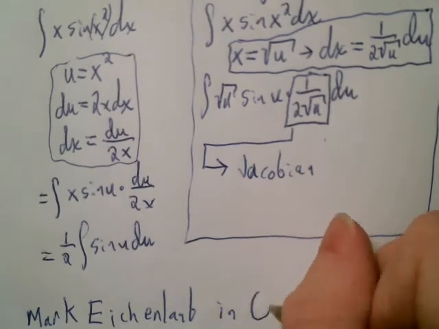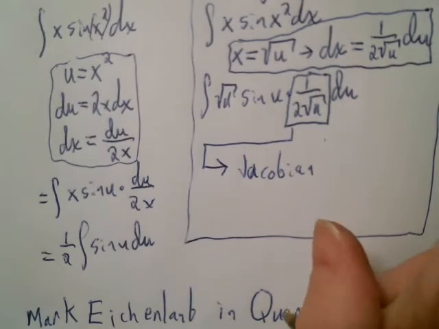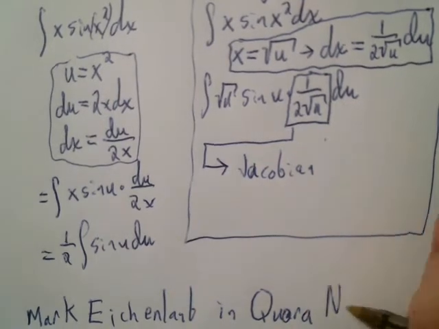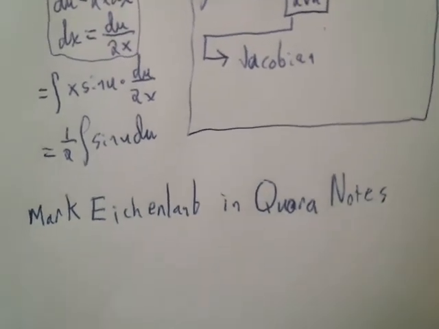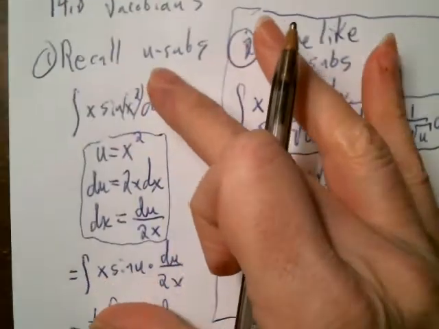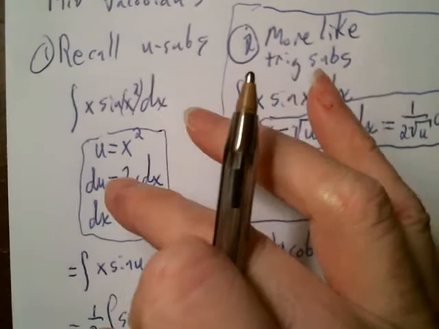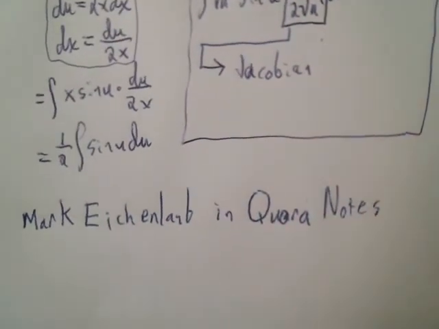I was going around and I saw on Quora, which is kind of like one of those question places where people post questions, he notes how to do a Jacobian with a U sub. So the opposite direction of what you will read in the book, or hopefully you've already read it.